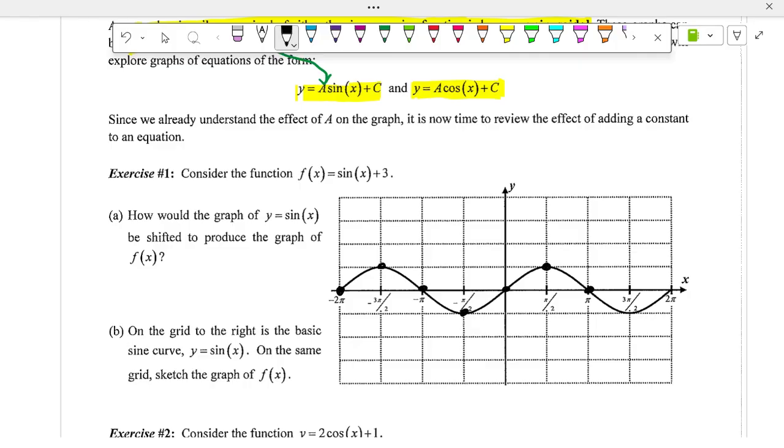You guys still got Desmos pulled up, right? I want you guys to type in this function right here. So sine of x plus 3. Make sure the plus 3 is on the outside of those parentheses.